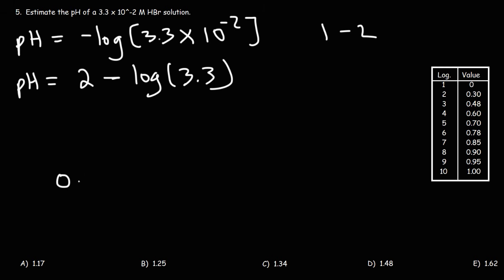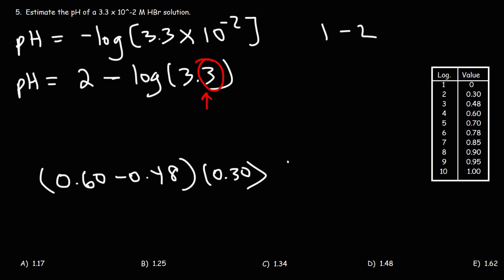So we're going to take the difference of that range, 0.60 minus 0.48, and we're going to multiply it by 30%, or 0.3, based on what we see here. And then we're going to add it to the lower number of that range, which is 0.48. So 0.60 minus 0.48. 60 minus 48 is what?